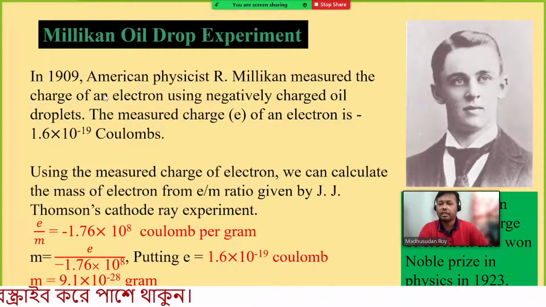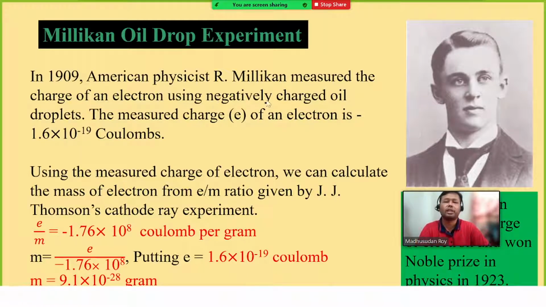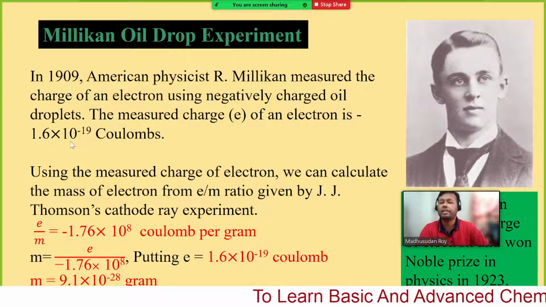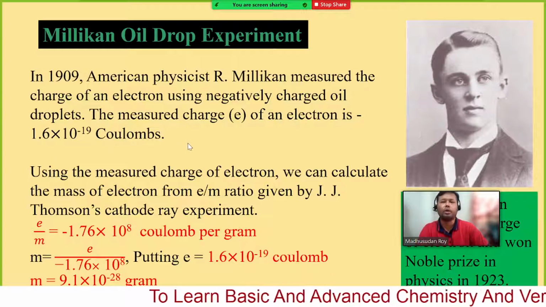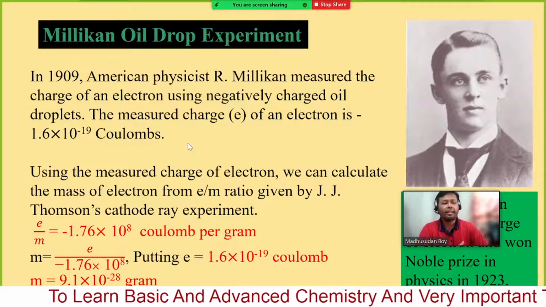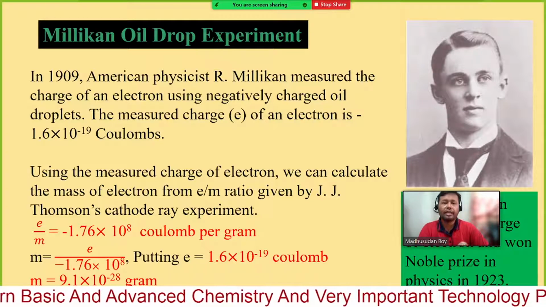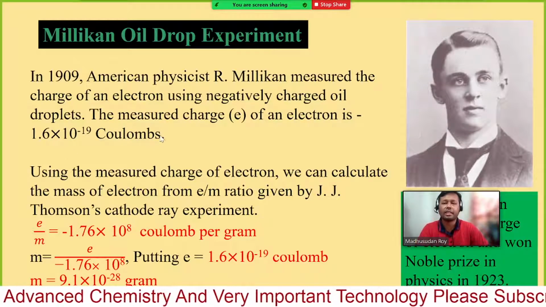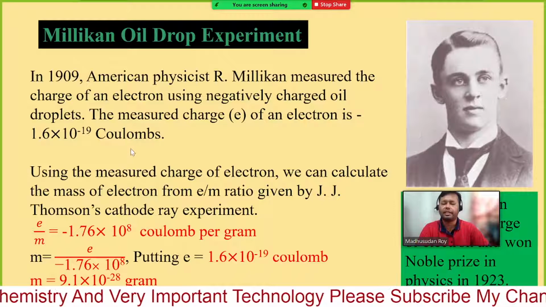So in 1909, American physicist R. Millikan measured the charge of the electron using negatively charged oil droplets. The measured charge of an electron is 1.6 into 10 to the power minus 19 coulombs. So for any single electron, the charge is 1.6 into 10 to the power minus 19 coulomb.